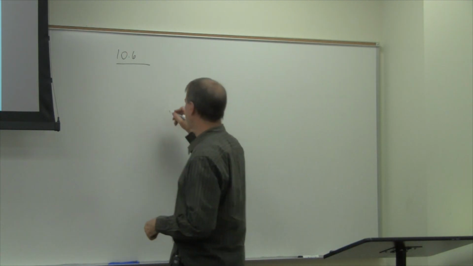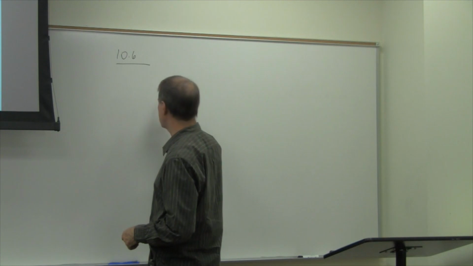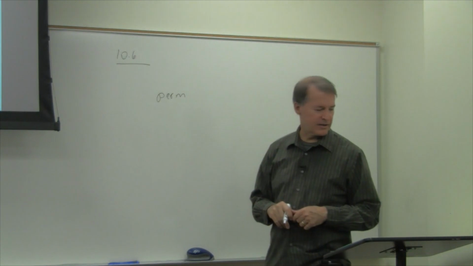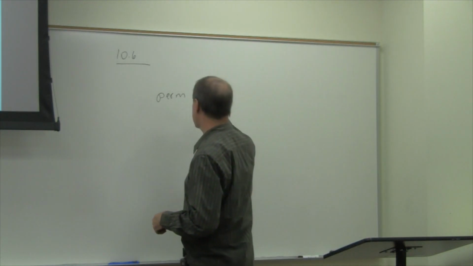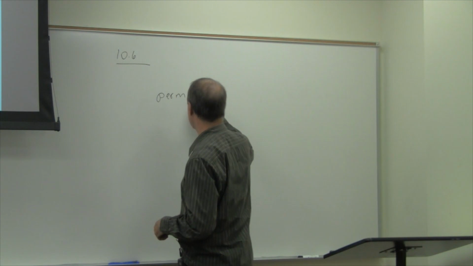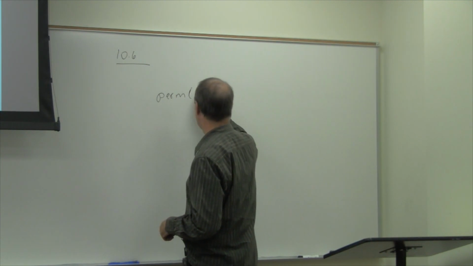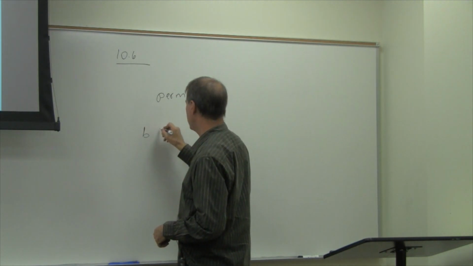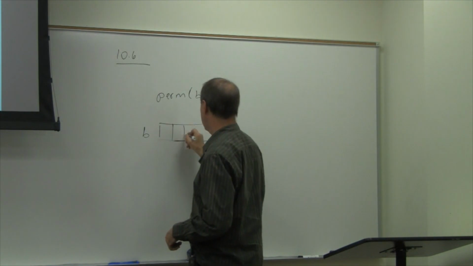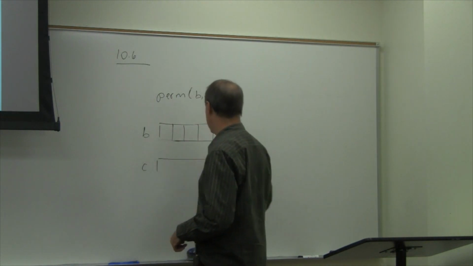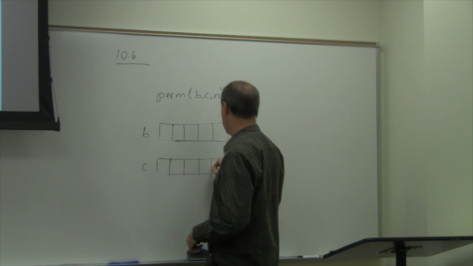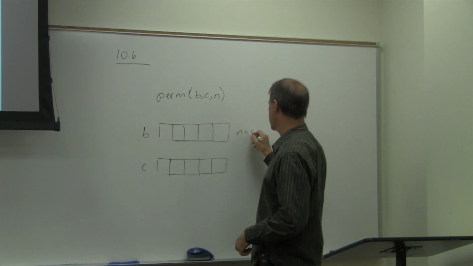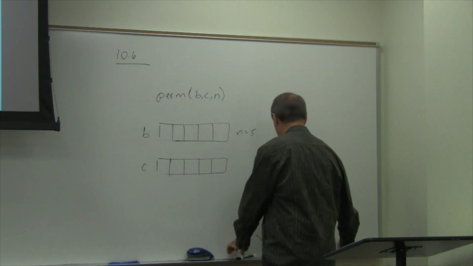He gave you a hint to use perm. What does perm do? For example, if you say perm BCN, what that means is that you look at B and you look at C, and here in this case n equals 5.